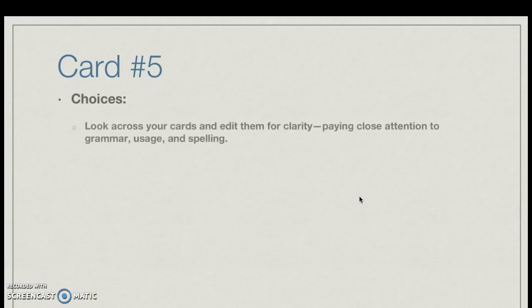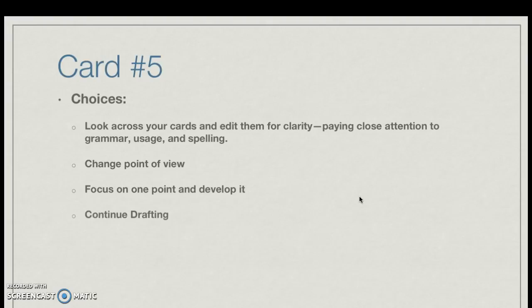You have choices. Look across your cards and edit them for clarity, paying close attention to grammar, usage, and spelling. Or change the point of view and write from somebody else's perspective. Or focus on one point and develop it further. Or continue drafting.